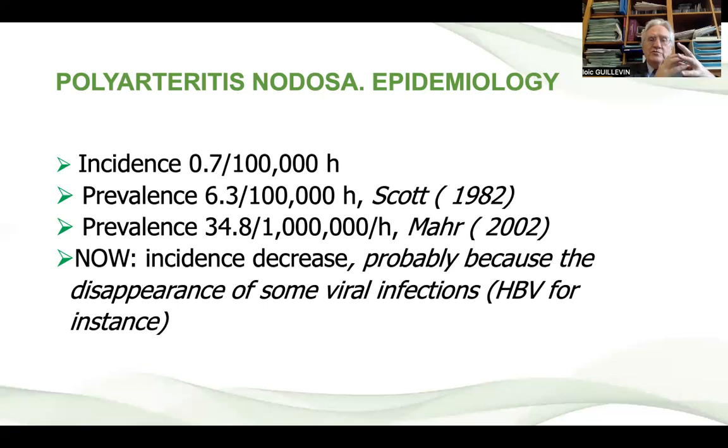We were able to treat the patients, to cure the patients, and of course the prevalence is high. But the incidence is low, and now, because of vaccination, and so on, the incidence is very low, and we think that the disease in this classical form is close to disappearing. But we see some.